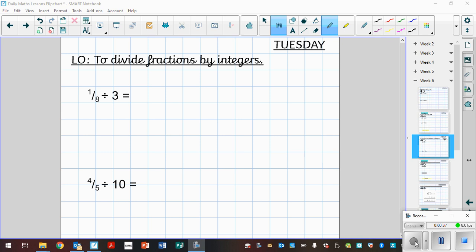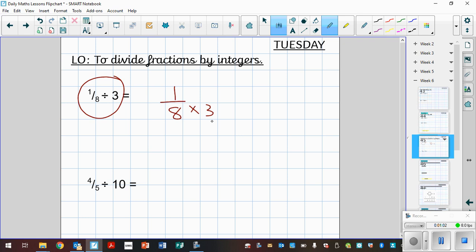1/8 divided by 3. Now, if we were to write this out, we hopefully can remember that this 1/8 divided by 3 would mean that we do 1/8, and instead of dividing by 3, we are timesing the denominator by the integer or the whole number.